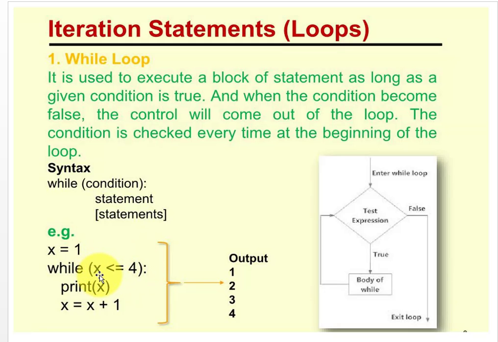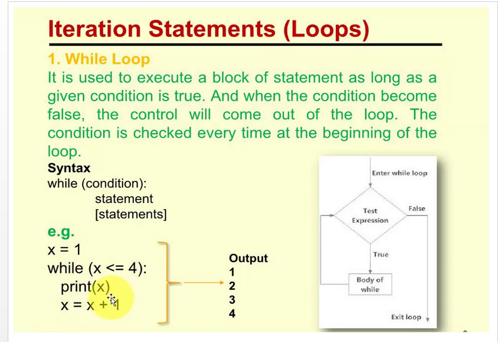When the condition becomes false, the loop body will never execute. So I put the condition x less than or equal to 4. Then what do you want to execute? I want to print x. Whatever value is stored in x will be printed.